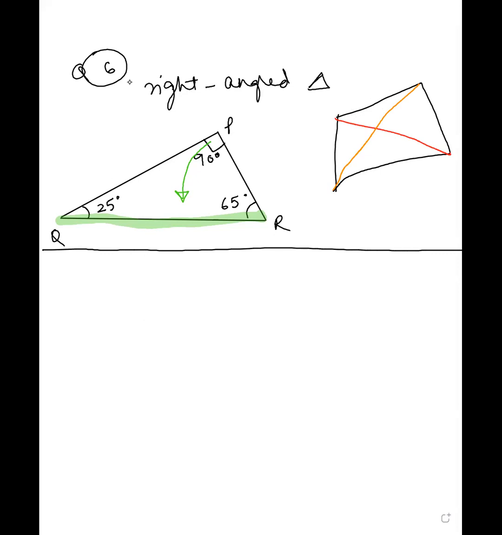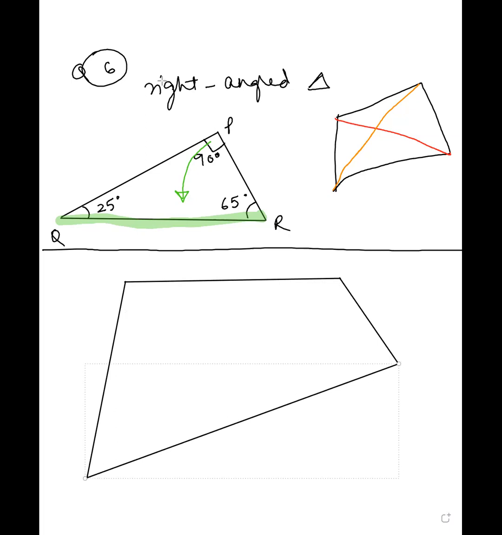Now remember one thing. Let me just show you a random quadrilateral. Let's try to make its diagonals. This and this.